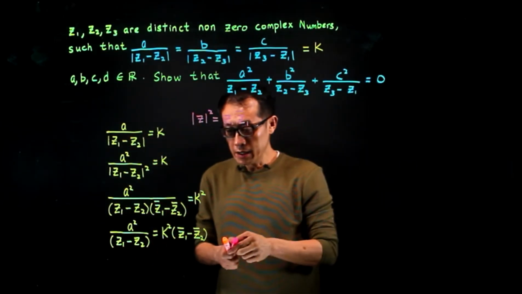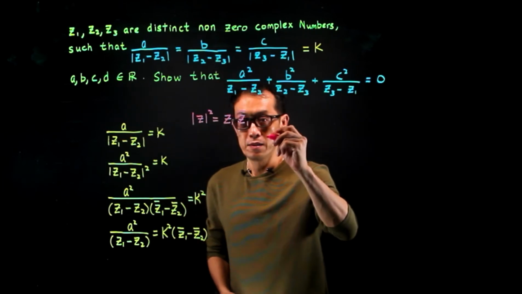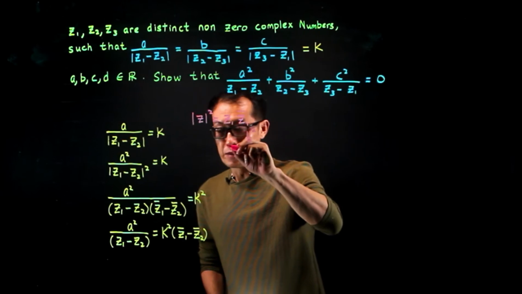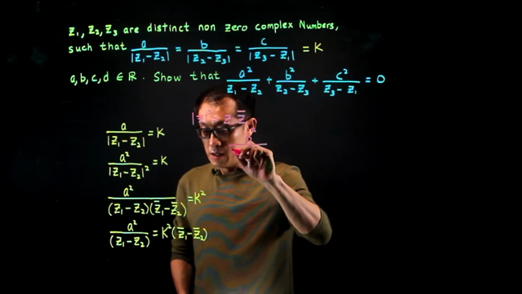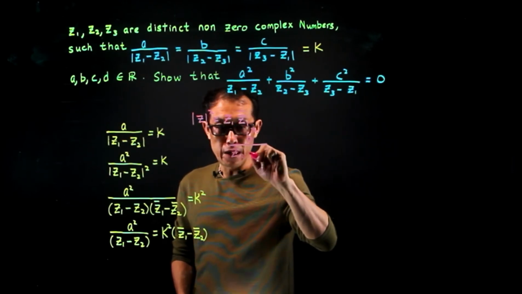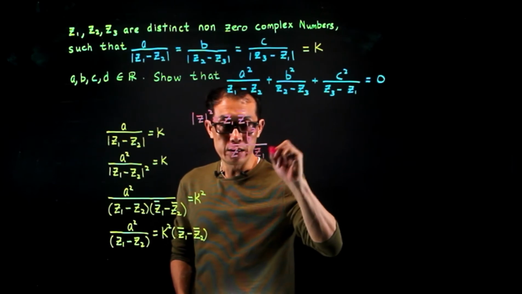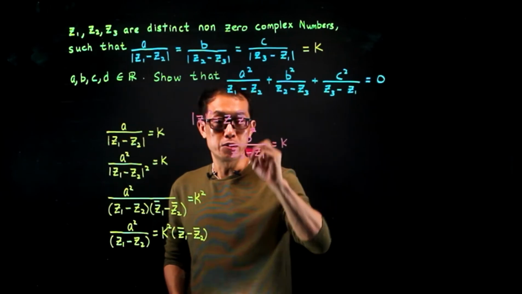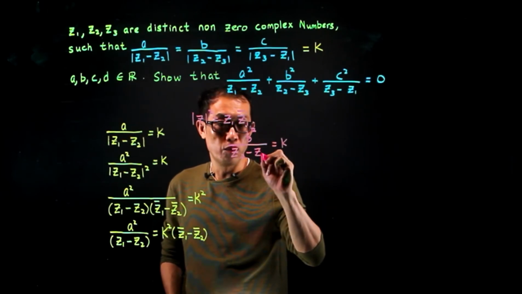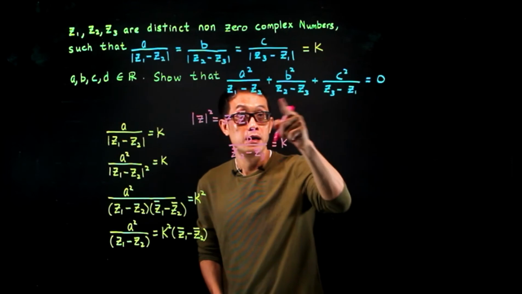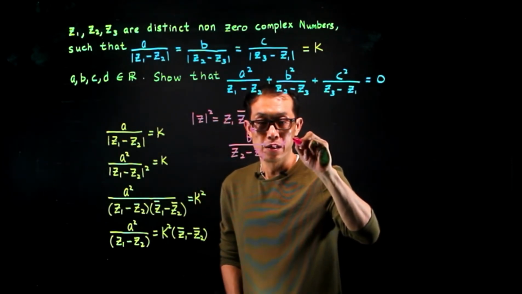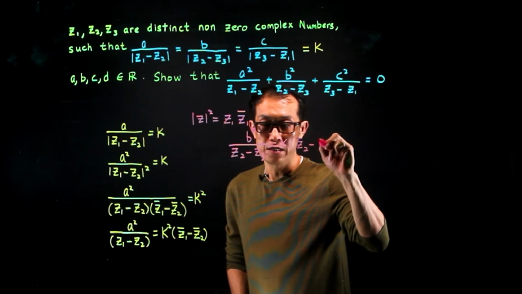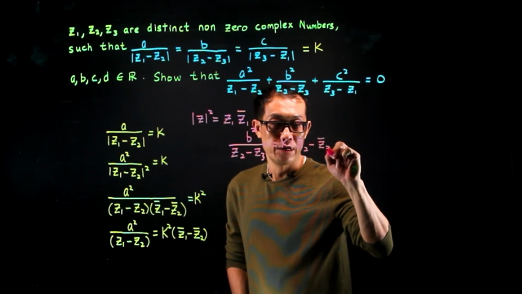Now similarly, b squared can be written as b squared over z2 minus z3 equals k squared times conjugate of z2 minus the conjugate of z3.